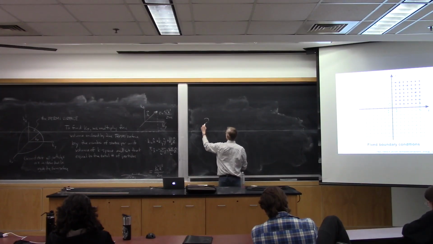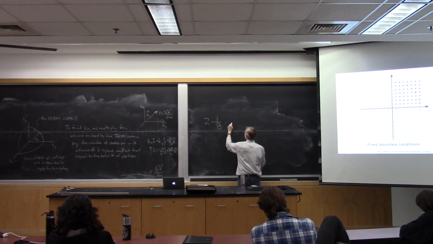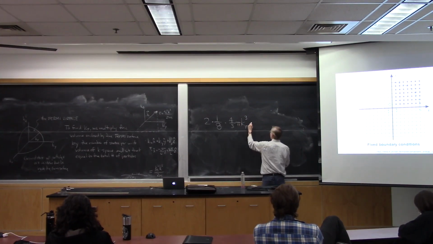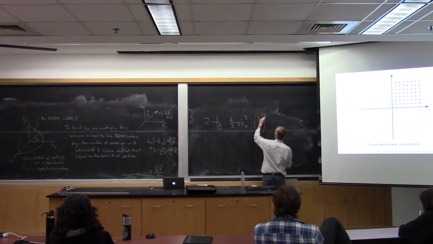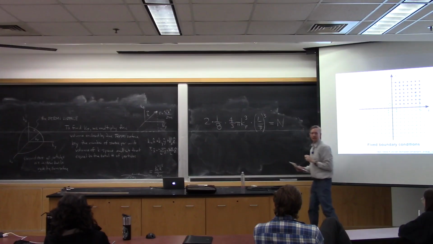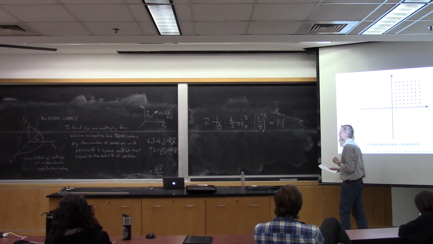Here's the product: 2 times 1/8 times 4/3 pi k Fermi cubed times L over pi cubed is equal to capital N, where N is the number of particles.